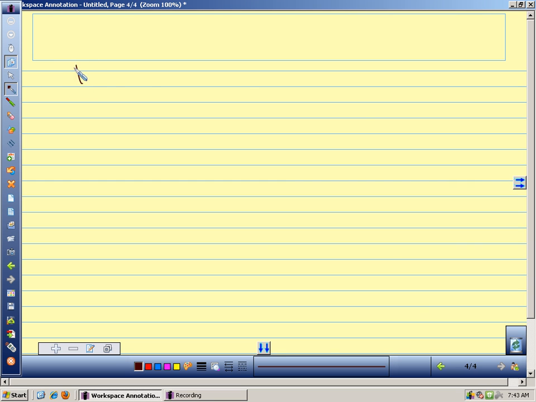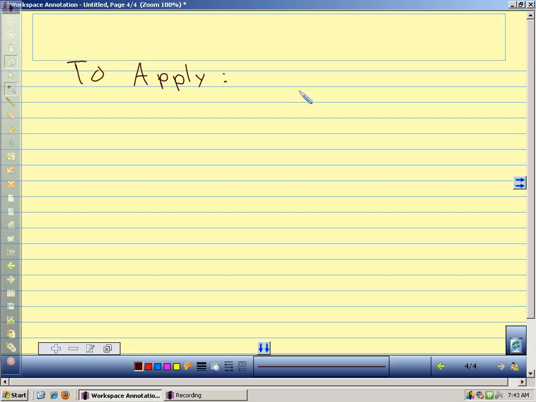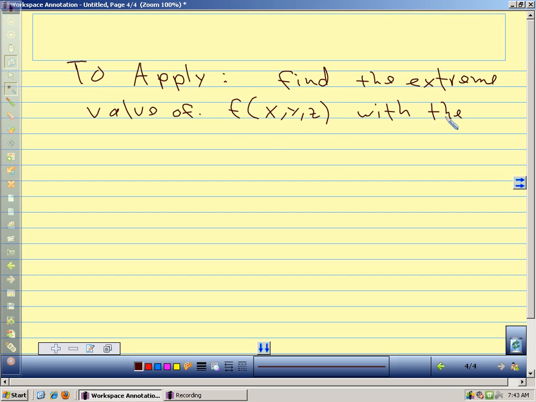So the method to apply. We're finding the extreme value of some f of x, y, z with the constraint g of x, y, z is some constant.